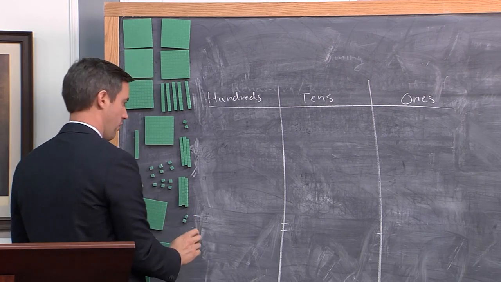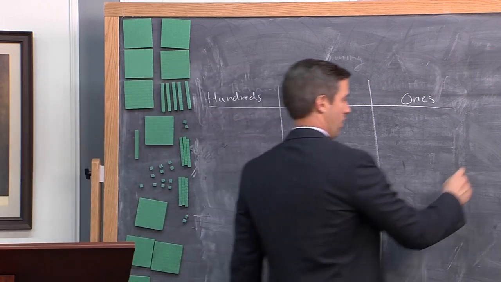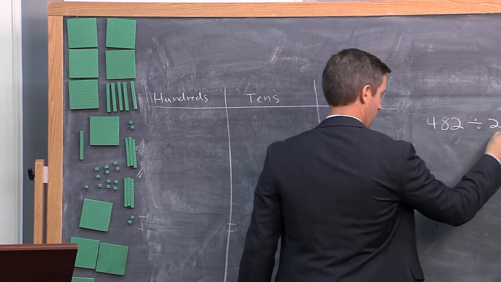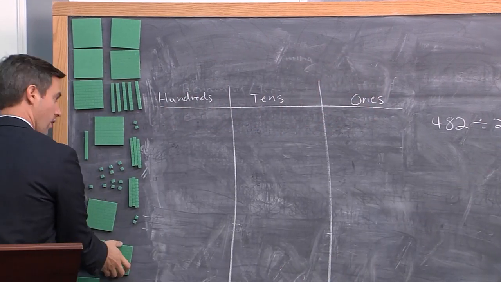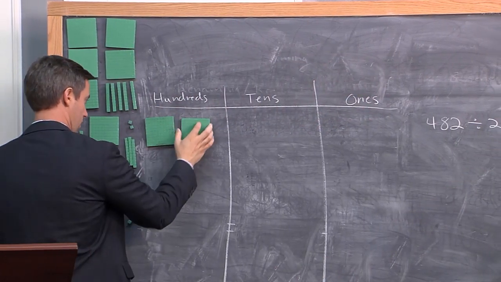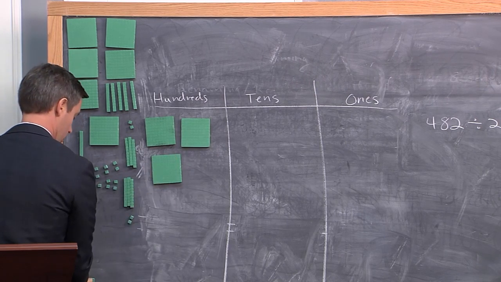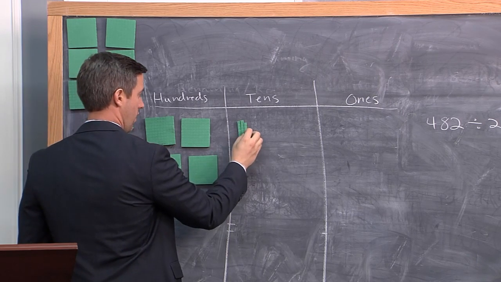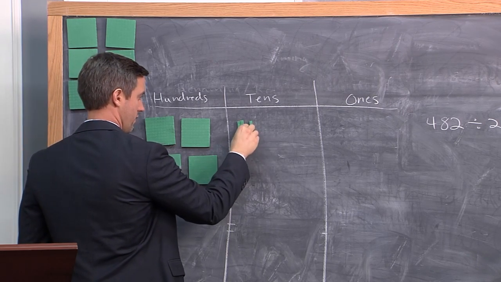We can do 482 divided by 2. So I should have 4 hundreds and then I should have 8 tens.